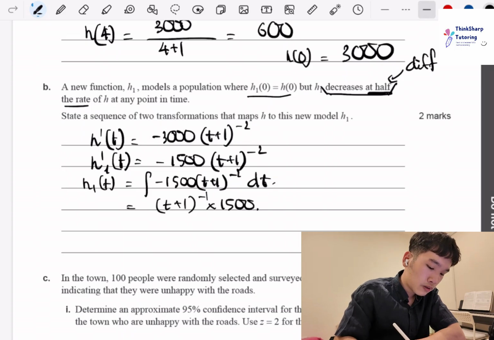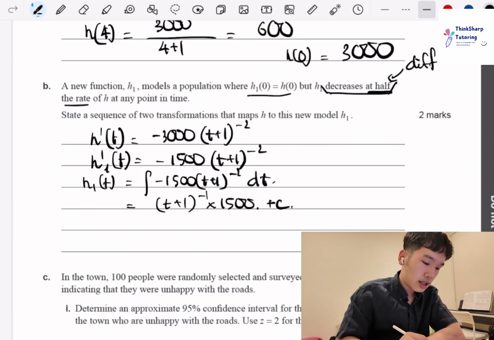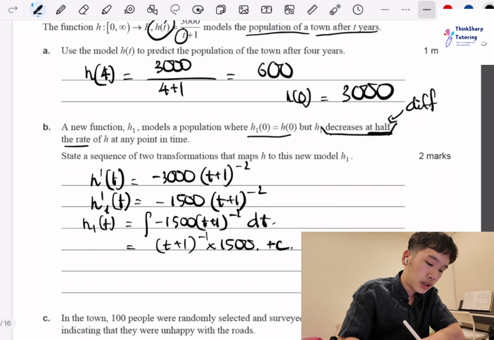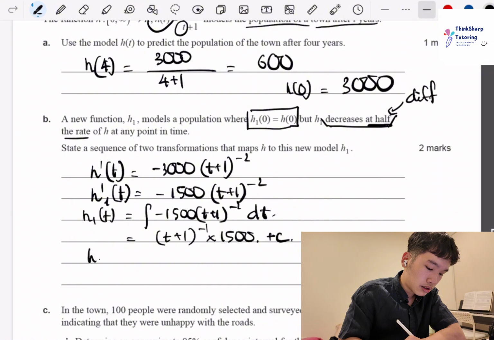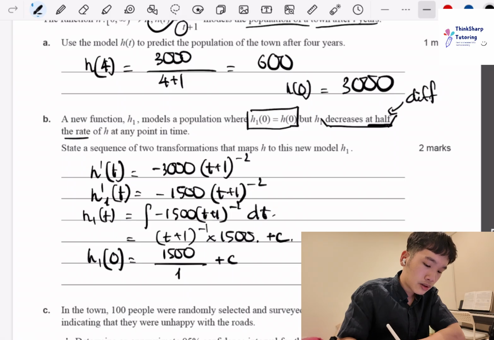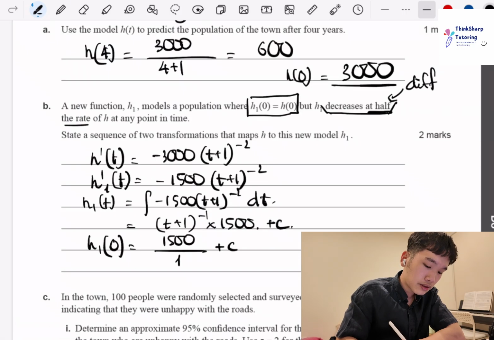We don't forget the constant plus c, and now this is where we apply it to the question. So we sub in h1(0), that would be 1500 over 1, because 0 plus 1 is 1, plus c, that equals 3000. So your c equals 1500.